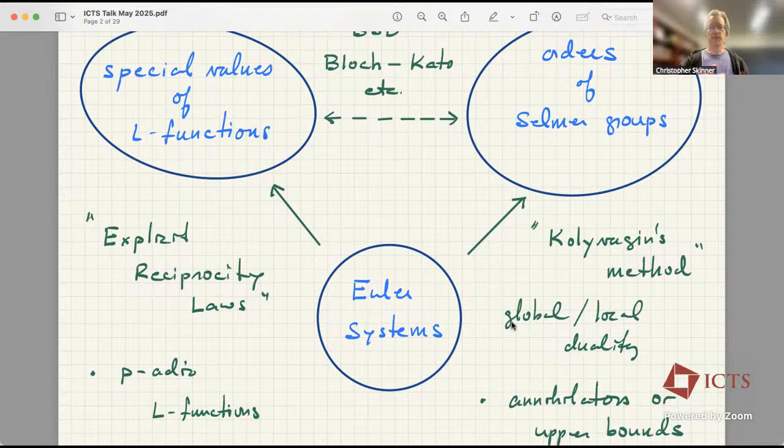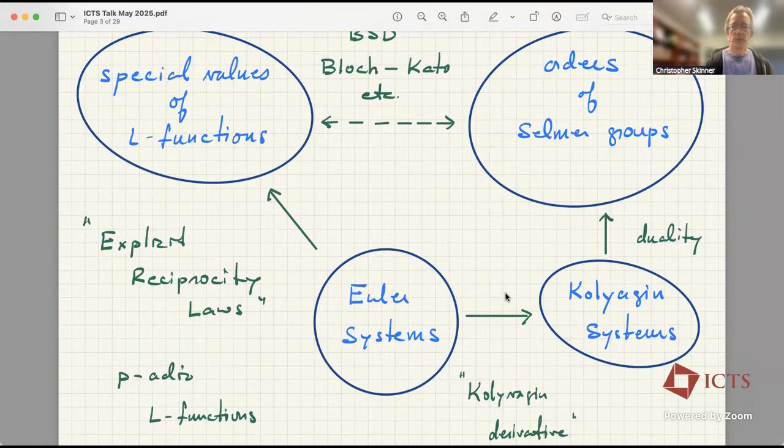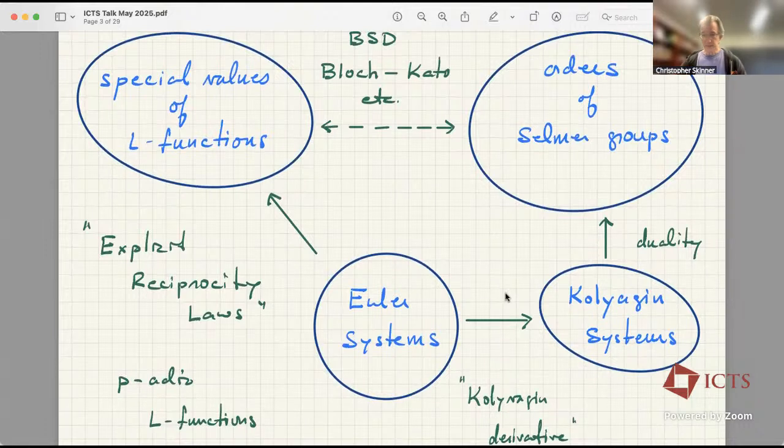Before I talk about a new construction of Euler systems, I want to say something about these arrows. So I'm going to spend a little time on these. In fact, Mazur and Rubin in particular emphasized that the arrow between Euler systems and orders of Selmer groups should actually have a stop along the way in something called Kolyvagin systems.